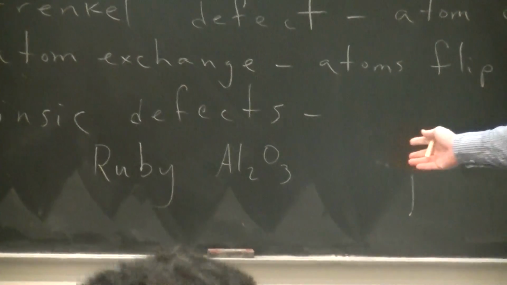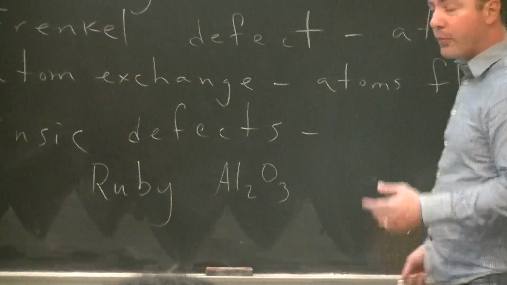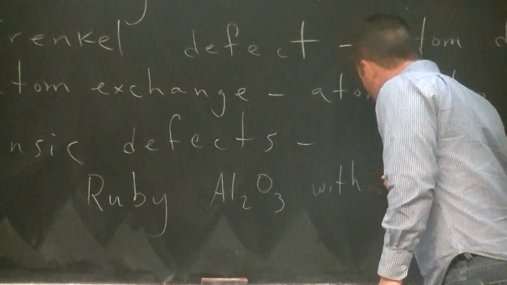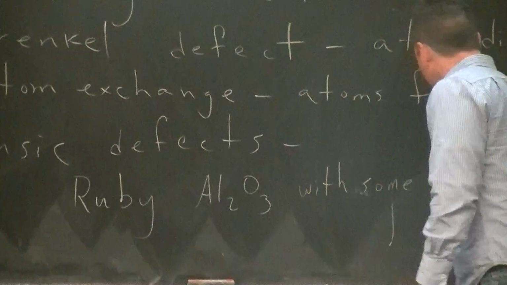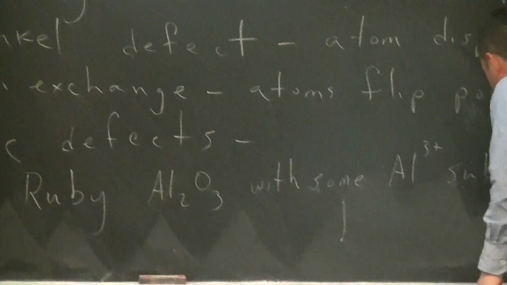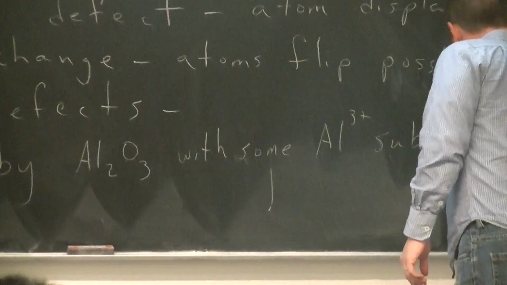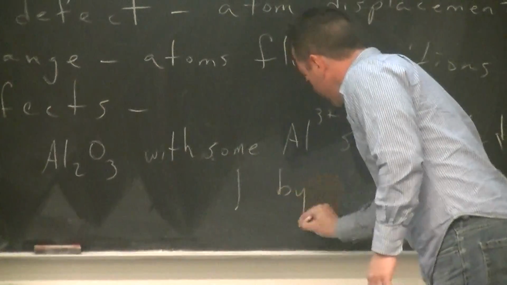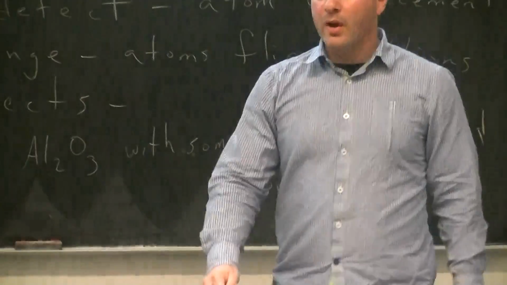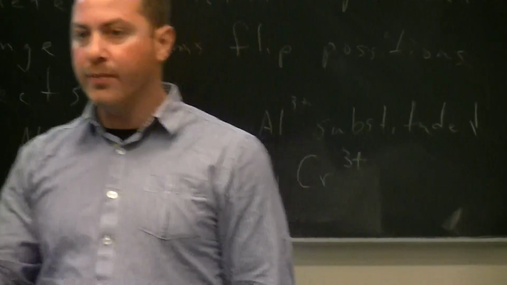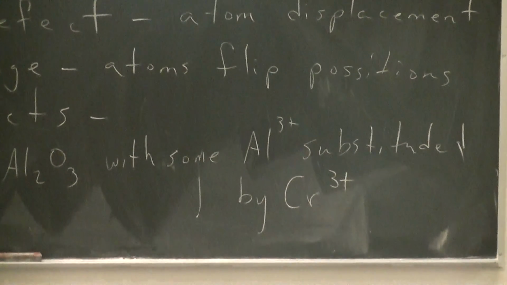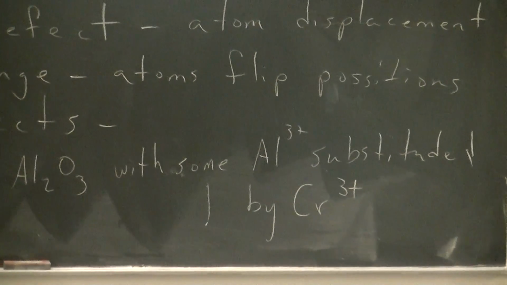Standard aluminum oxide doesn't have much value, but when aluminum oxide has traces of chromium, then it turns red, a beautiful red color that is characteristic of ruby.